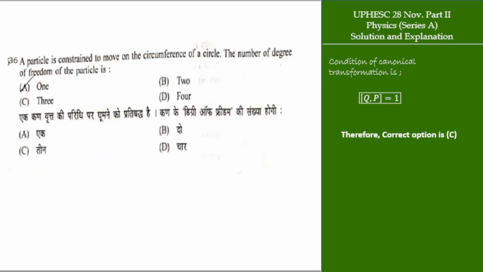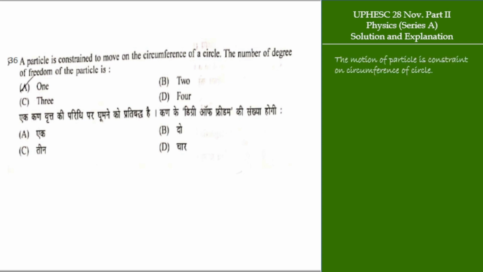In question number 36, a particle is constrained to move on the circumference of a circle. The number of degrees of freedom of the particle is 1, 2, 3 or 4. We can solve such problems like this.